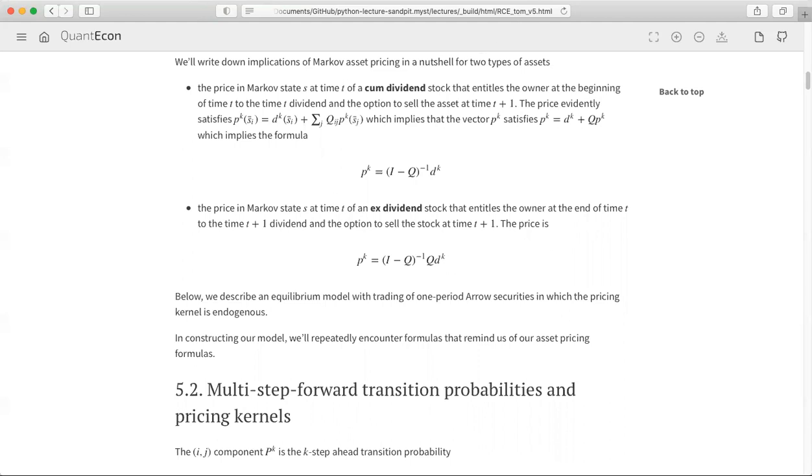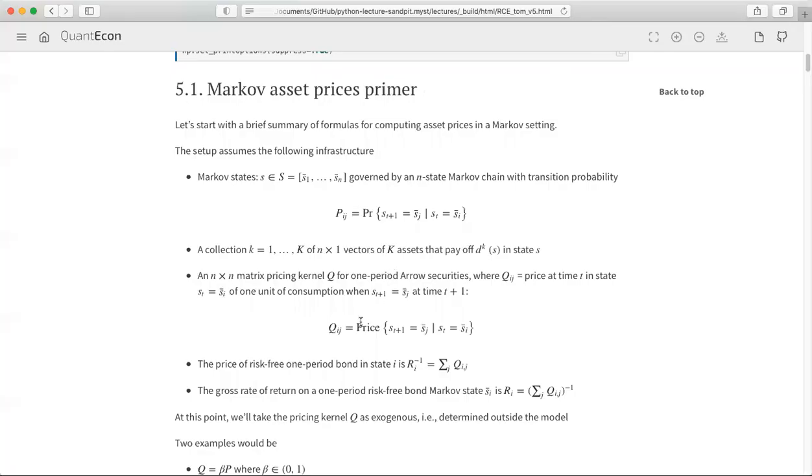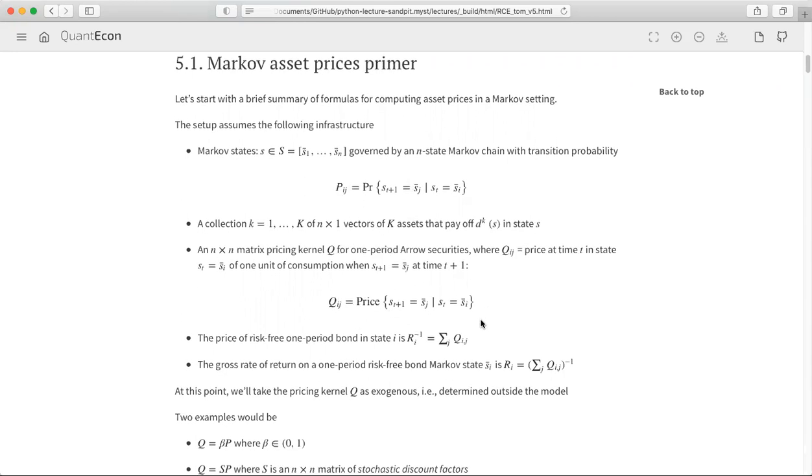Okay, so we set this up so that the matrix P is a matrix of transition probabilities. Q is a matrix of prices. And with our Markov setting, these have the same shapes.